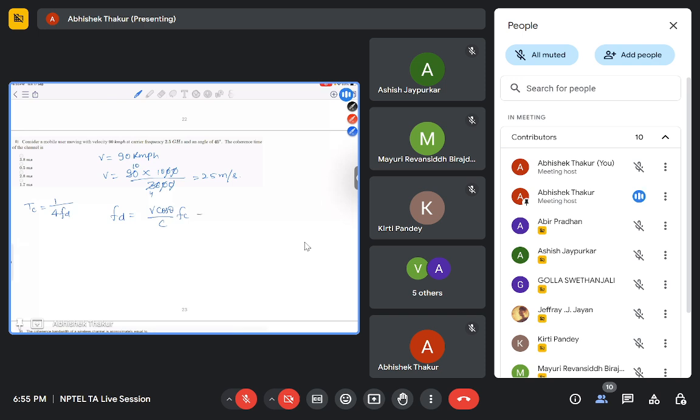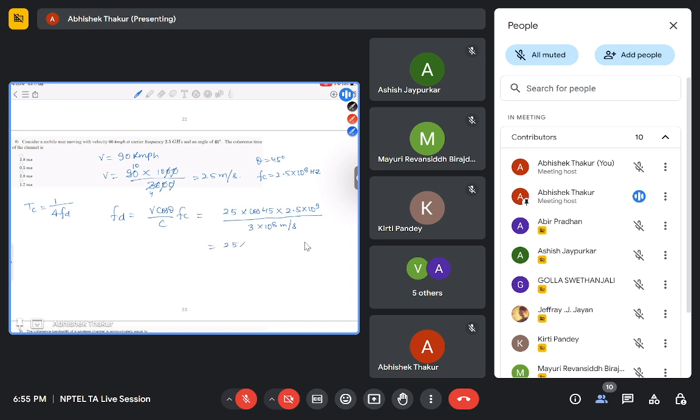So we'll substitute all the values. 25, theta is here 45 degree, so cos of 45, Fc is 2.5 into 10 to the power of 9 hertz, 2.5 gigahertz, divided by speed of light, which is 3 into 10 to the power of 8 meters per second.